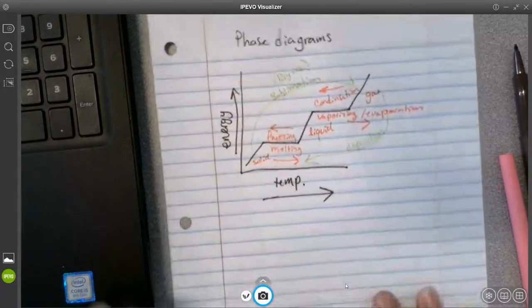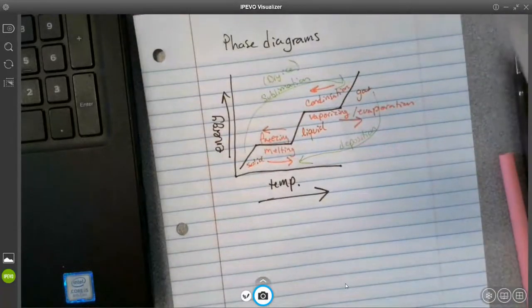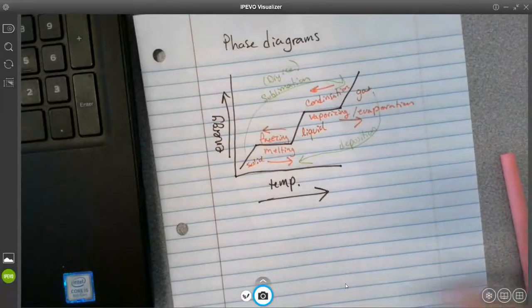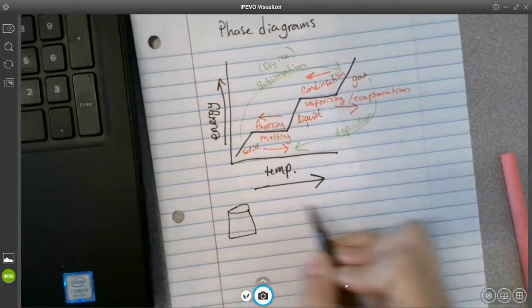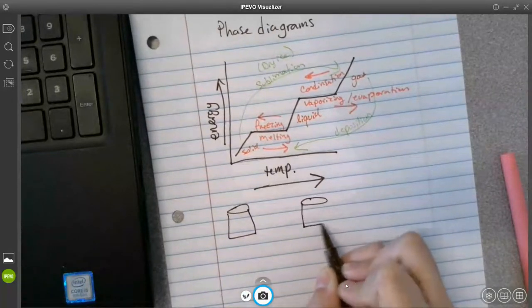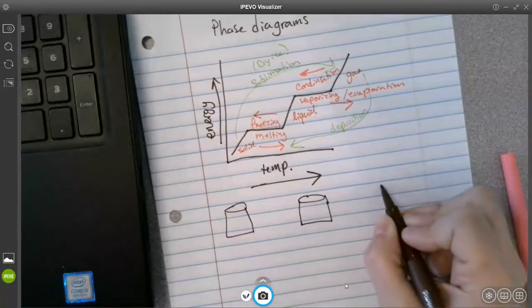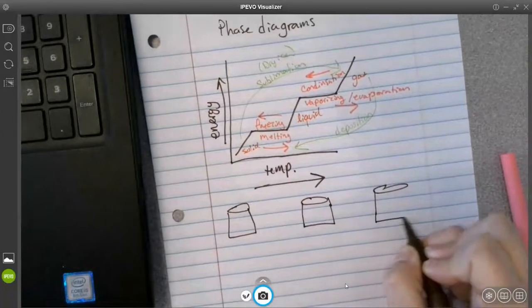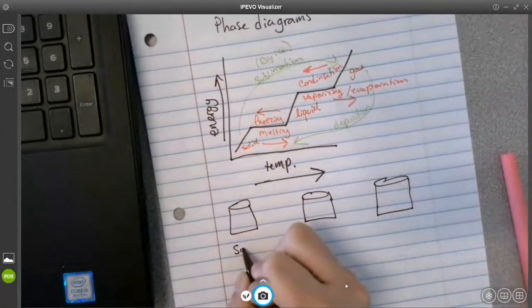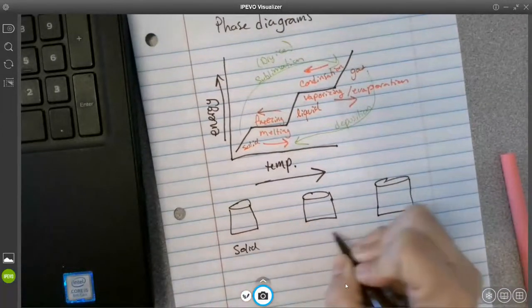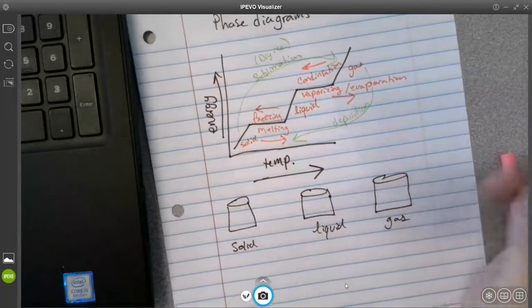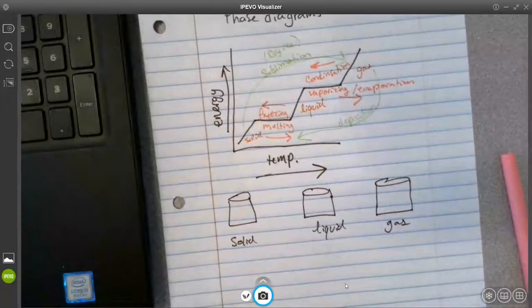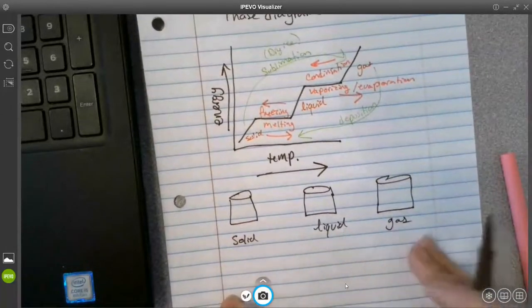Now, just within our previous lessons, we've looked at solids, liquids, and gases. And so just as a reference, let's go ahead and draw out our particle diagrams. So we have our three different phases: solid, liquid, and gas.